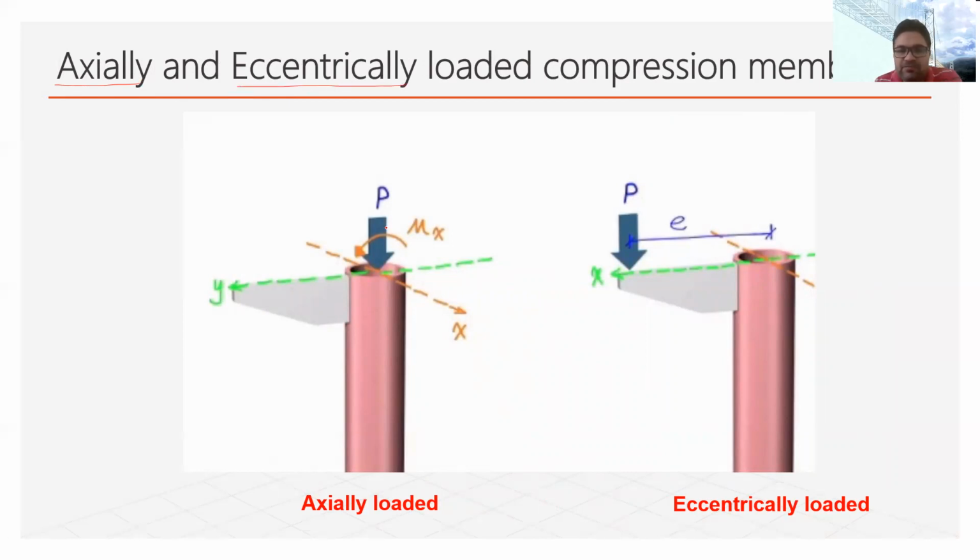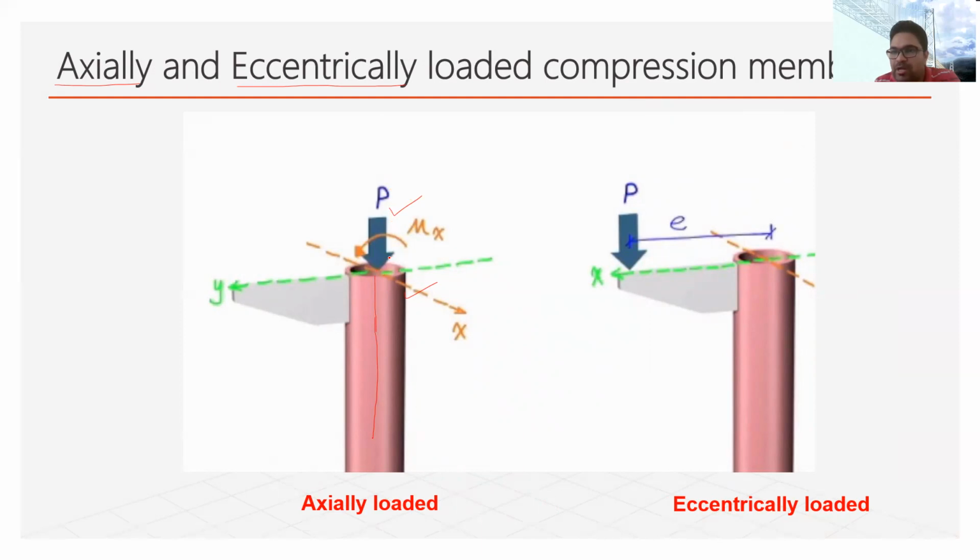If the applied force's line of action passes along the centroidal axis of the member, say for example this pipe member, this vertical column section, with the vertical centroidal axis passing along like this, so that the load is passing along the longitudinal axis, then the column or the member will be termed an axially loaded member.